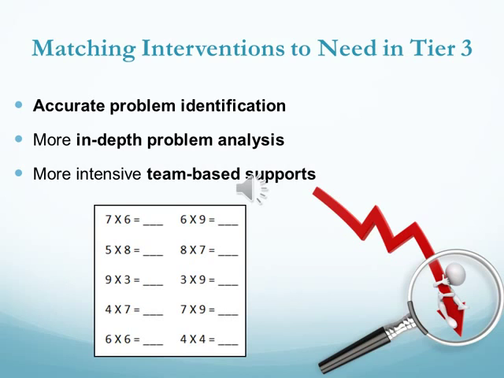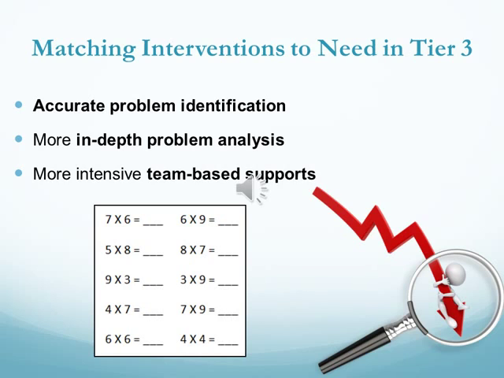A math example of a mastery measure for a Tier 3 intervention would be a CBM that focuses specifically on one skill, such as multiplying single-digit numbers. An error analysis of the CBM will provide valuable information on specifically where the student is struggling and allow us to develop a hypothesis around why the student or students are not progressing as expected.